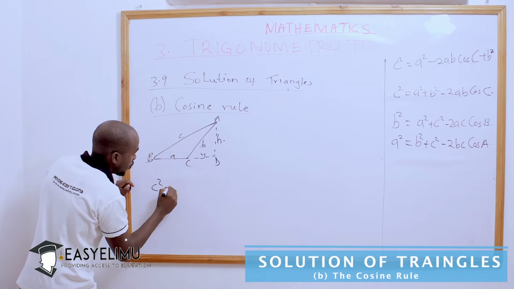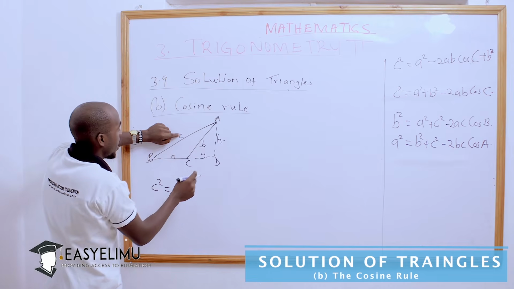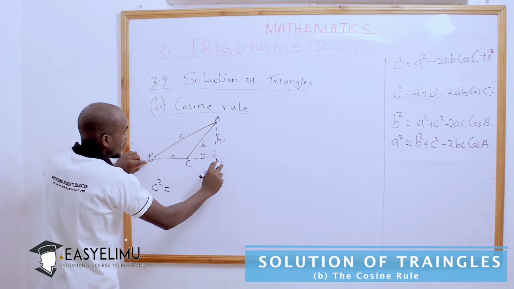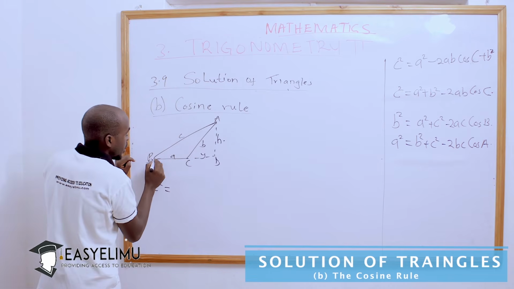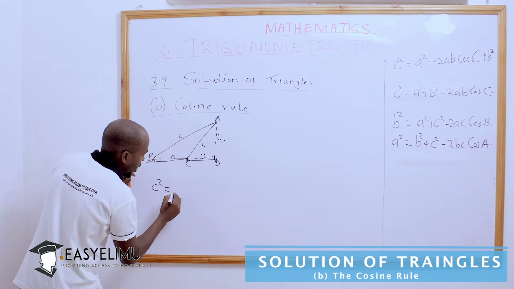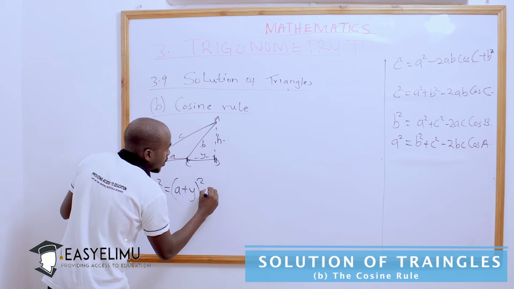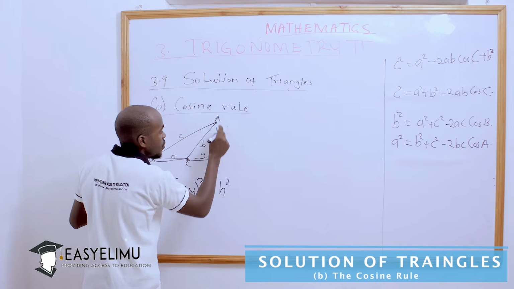So I will have C squared is equal to the height squared and this base. My base will be the distance from here to here plus the other distance. So I'm having A plus Y squared plus H squared, which is the height.